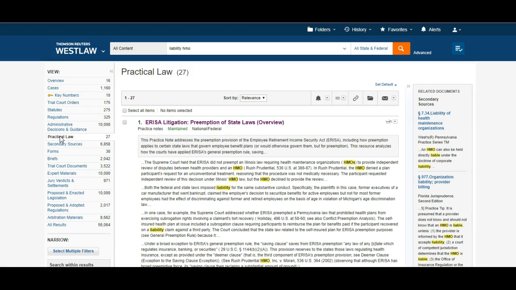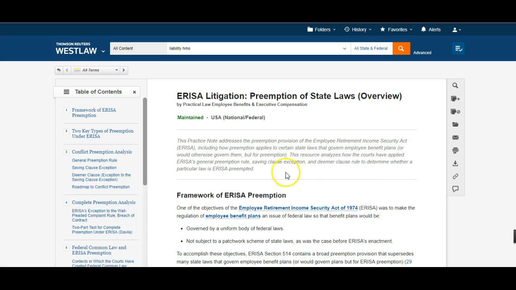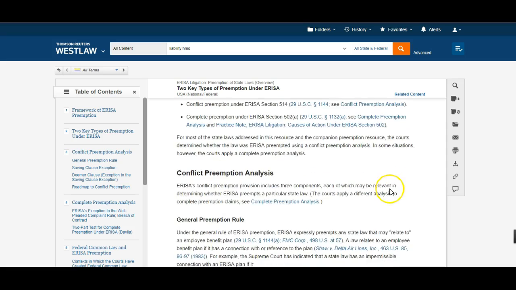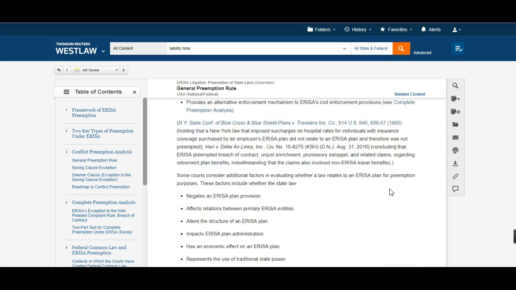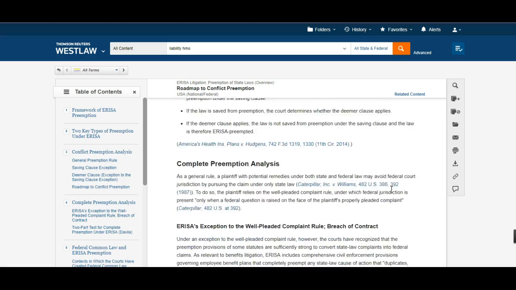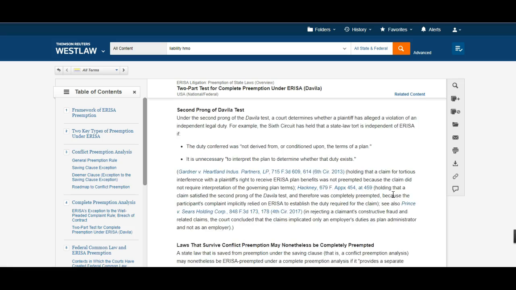What practical law does is what it sounds like. So you can actually see here, again, our liability HMO search, ERISA litigation, preemption of state laws, overview. And what practical law does is, if we could pull it up, again, it gives you the background, links, just some very practice and practical oriented material.